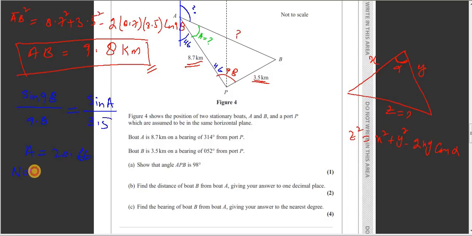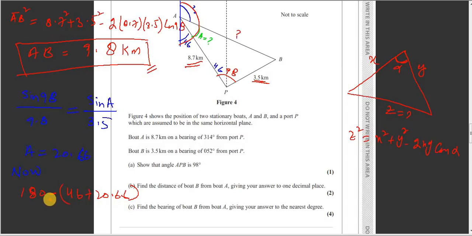So now finally, the bearing of boat B from boat A. Your final angle is the total angle, which is 180, minus these two angles, 46 and A. That means 46 plus 20.66.